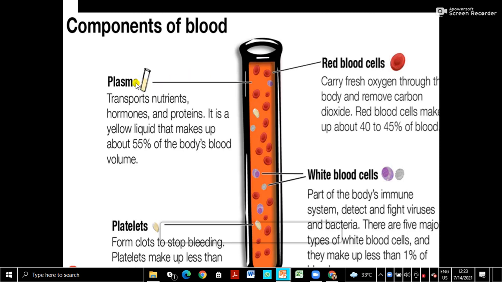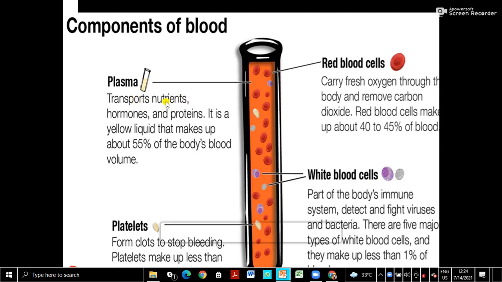See, plasma transports nutrients, hormones and proteins. It is a part of the transport system. So what does the plasma transport? Nutrients, digestive nutrients. We have learned that in the digestive system and digestion. The nutrients are absorbed from the small intestine and transported to each cell of the body.